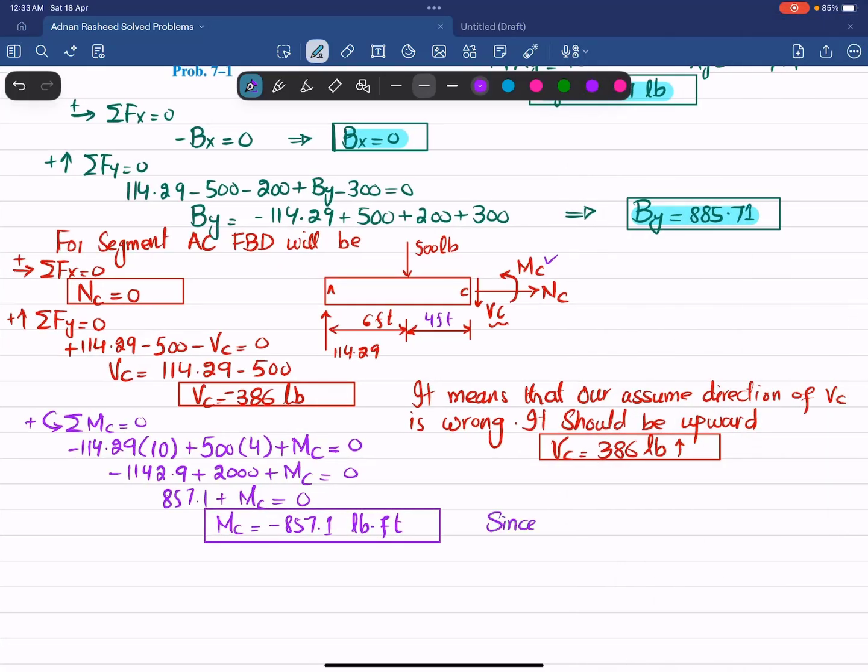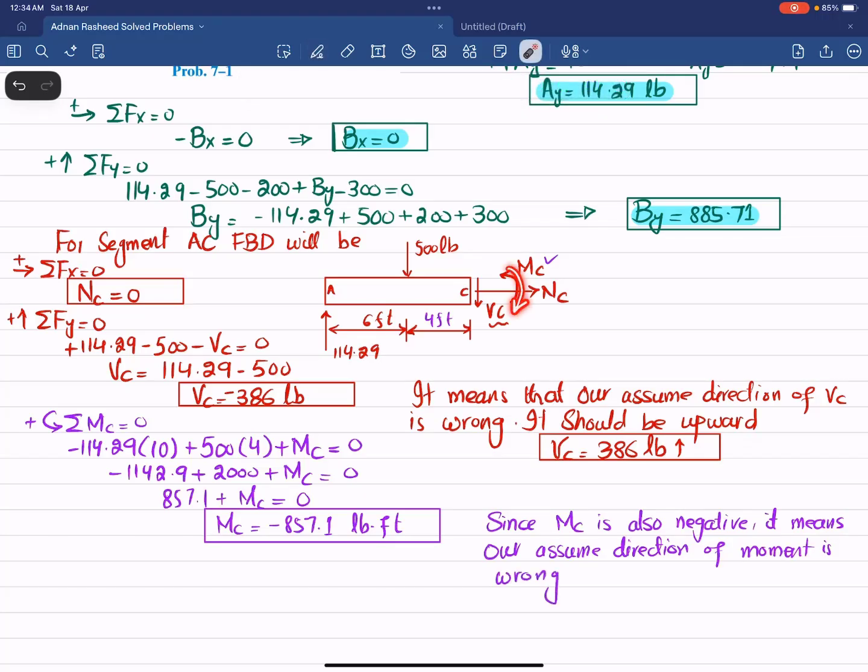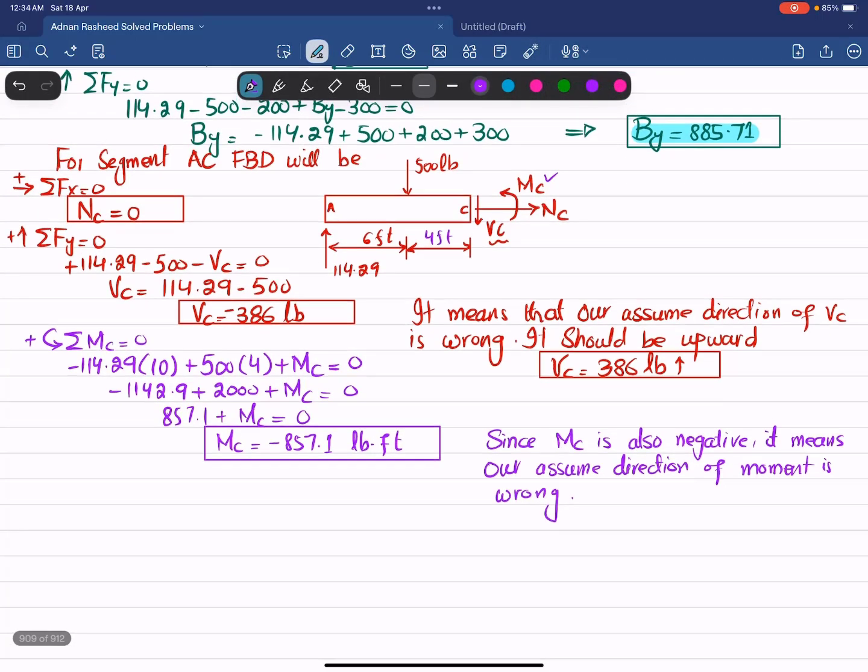Since MC is also negative, it means our assumed direction of moment is wrong. It should be clockwise. So MC is 857 pounds-feet, rounded off, and it is clockwise. This is the internal moment at point C.